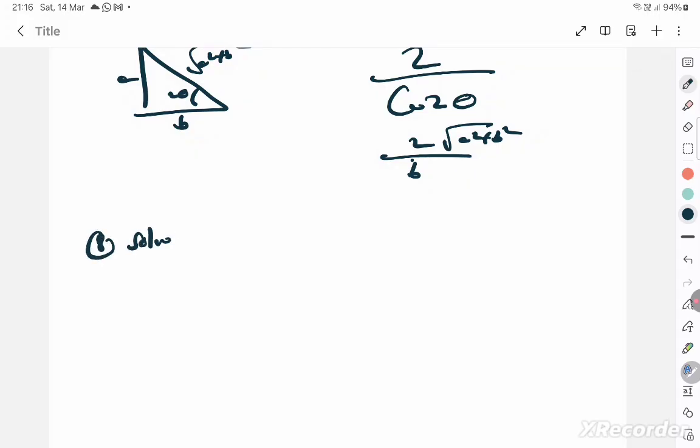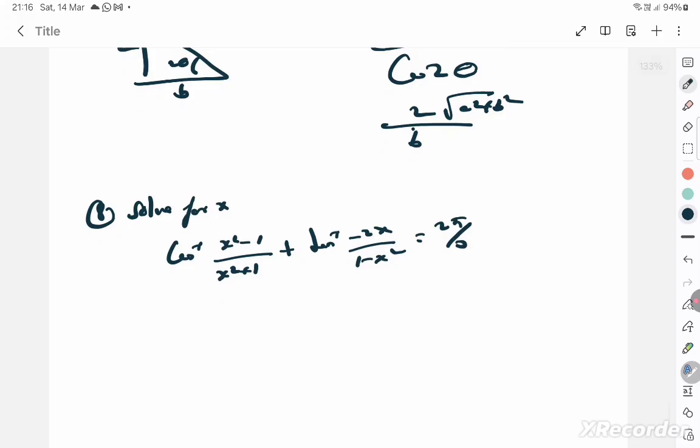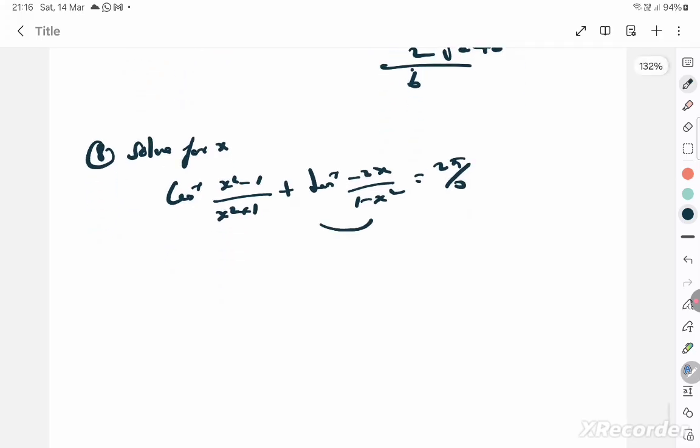Let's go to the next sum, which is the 8th sum. Solve for x. The question is cos inverse of (x square minus 1 by x square plus 1) plus tan inverse of (minus 2x by 1 minus x square) is 2 pi by 3. Can you see the negative argument? I'll take the negative sign out.